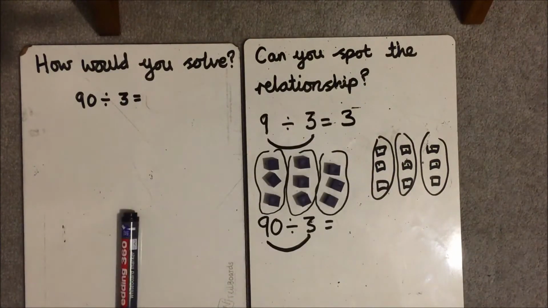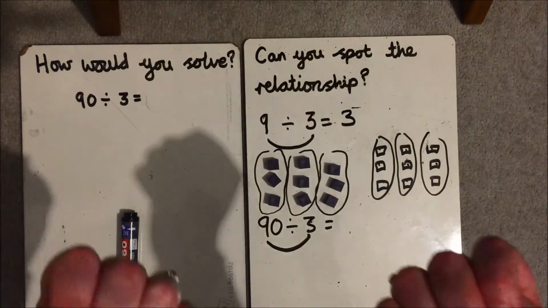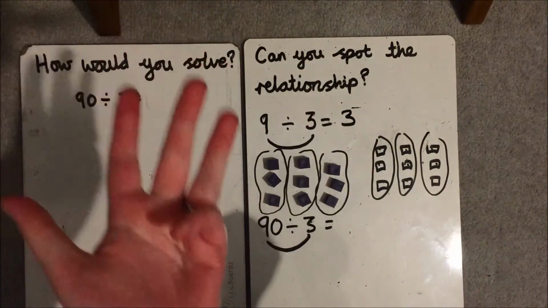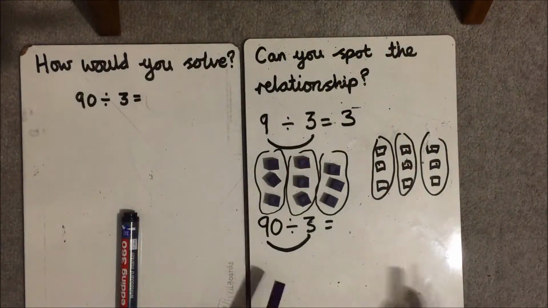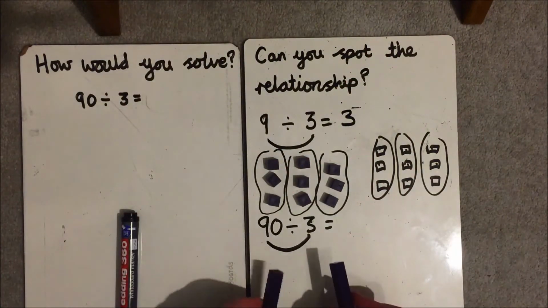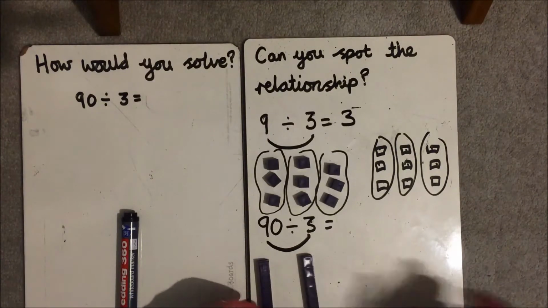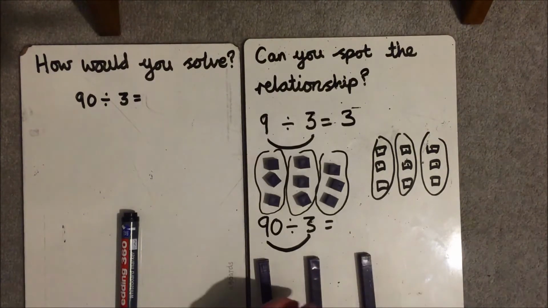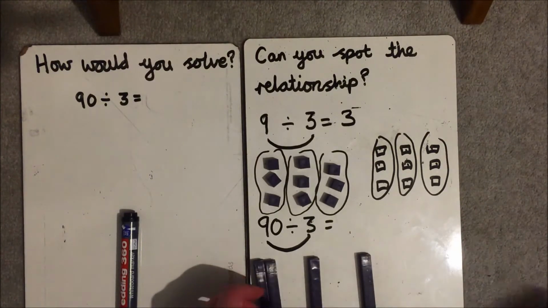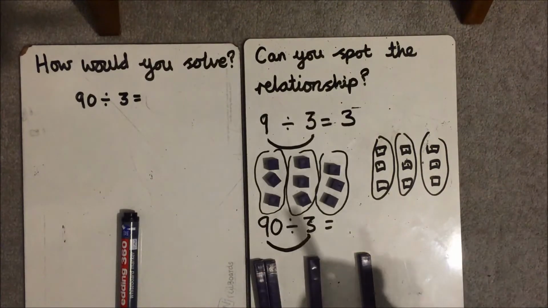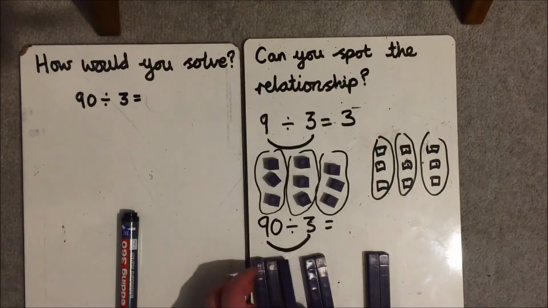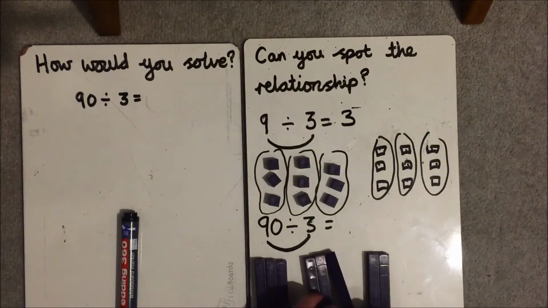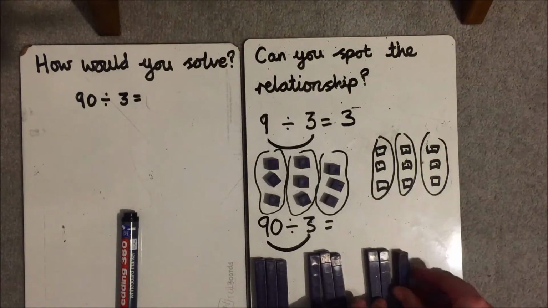Let's see how this one looks similar. Remember, I'm sharing 90, which is 9 tens. 10, 20, 30, 40, 50, 60, 70, 80, 9 tens. So 10, 20, 30. They're my 3 groups. Continue to 90. 40, 50, 60, 70, 80, 90.